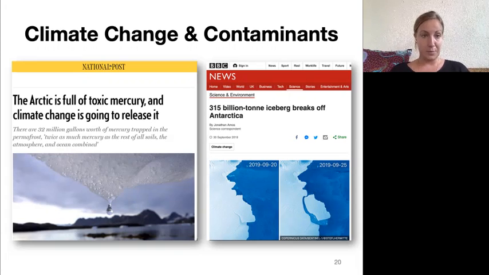This cycle could be scary enough, but they have shown that there's already massive amounts of mercury that is being released into the water as well as into the atmosphere.